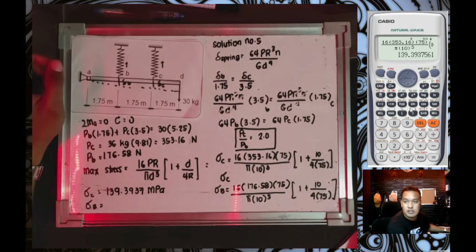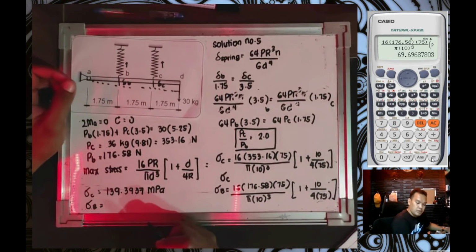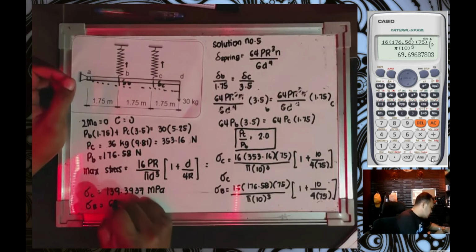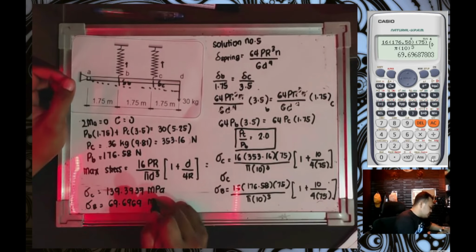Okay, next is B. Let's just change this to 176.58, equals. So, the stress at B is equivalent to 69.6969 MPa.